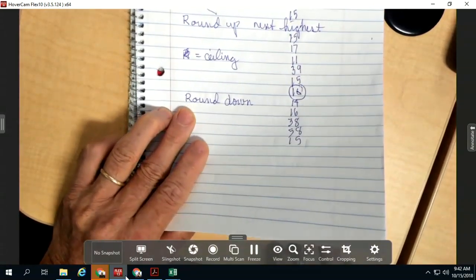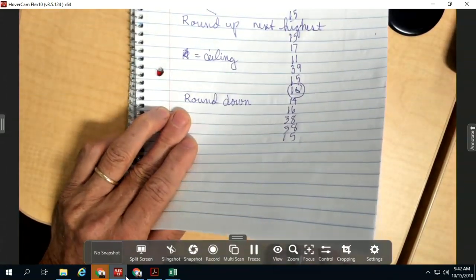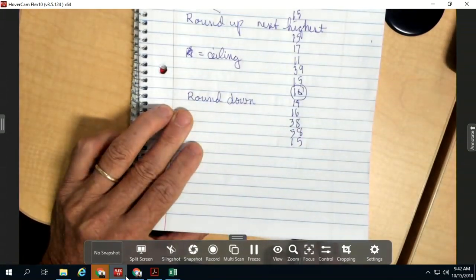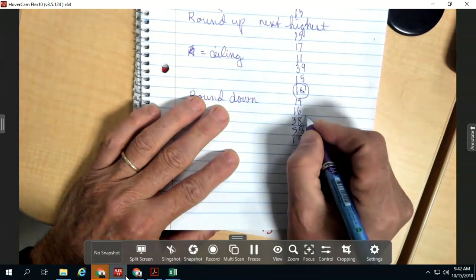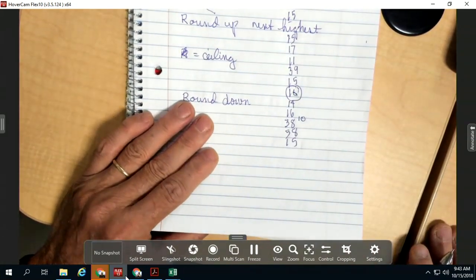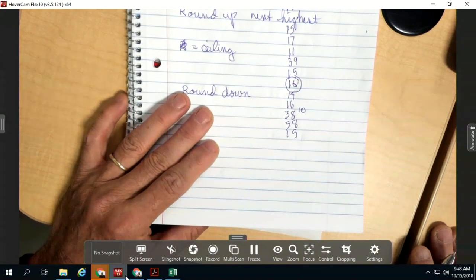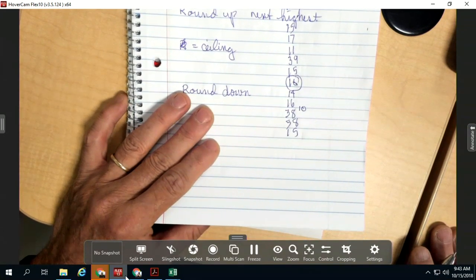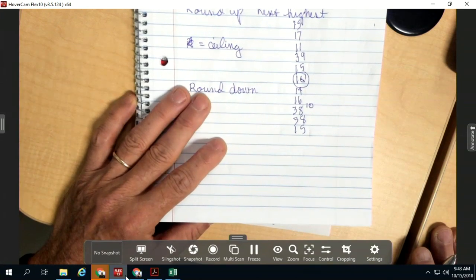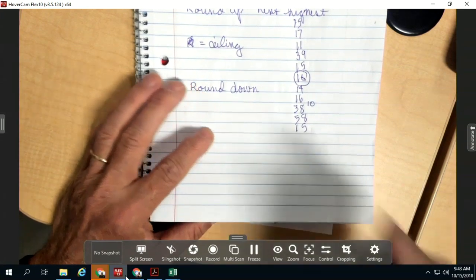What do you see that is similar to one that we've done? Did I miss one? Yeah, I did. 10 should have been in here. What is similar to one that we've already done? Rounding down is the same as truncating.